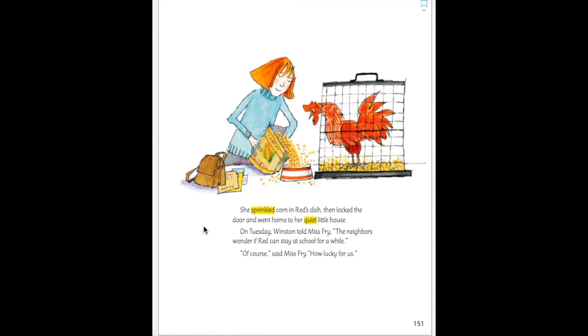What do her actions show us about Miss Fry? Remember, actions are the things that people do. So what are the things that she did?